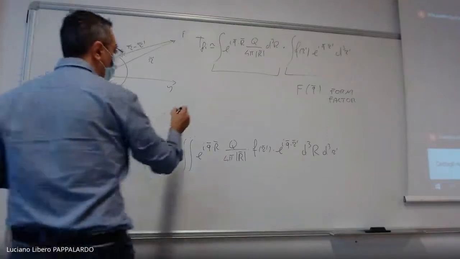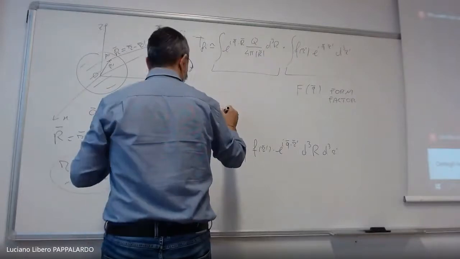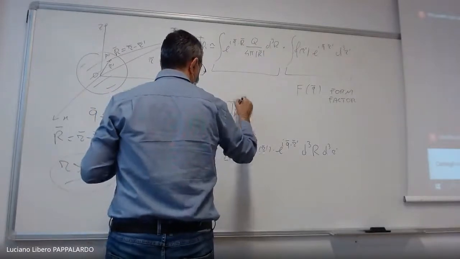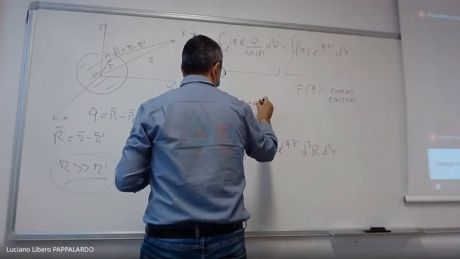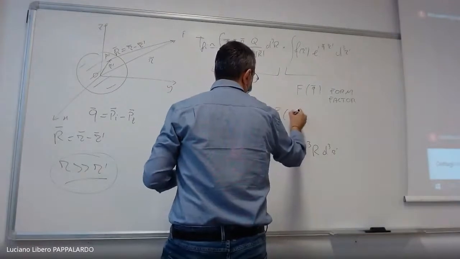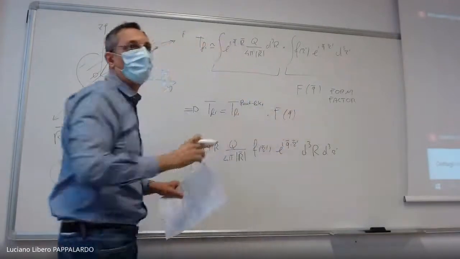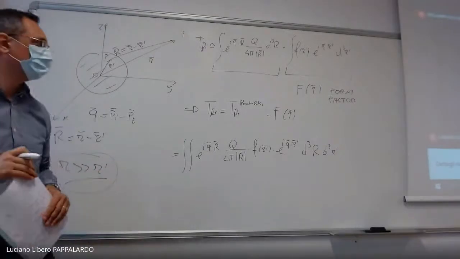And so overall, we can write down our amplitude as the probability amplitude for a point-like proton times a form factor, which tells us how actually the charge of the proton is distributed in space.